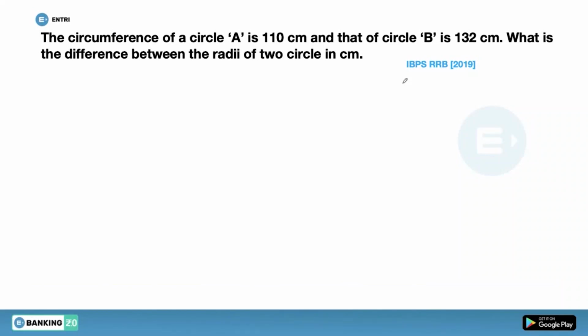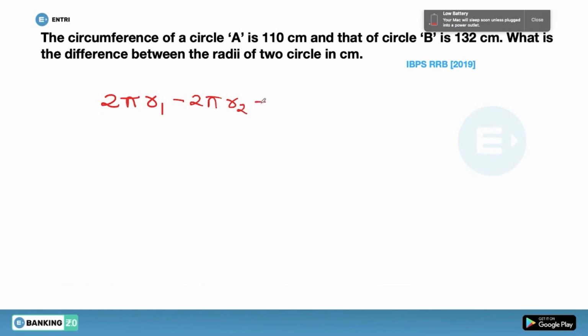See, what have they told? They have told us the circumference of two circles are 110 and 132 centimeters respectively. Now what is the formula for the circumference? To calculate the circumference of the circle, we use 2 pi r. Let us consider first circle's radius as r1 and second circle's radius as r2. This will give us what?